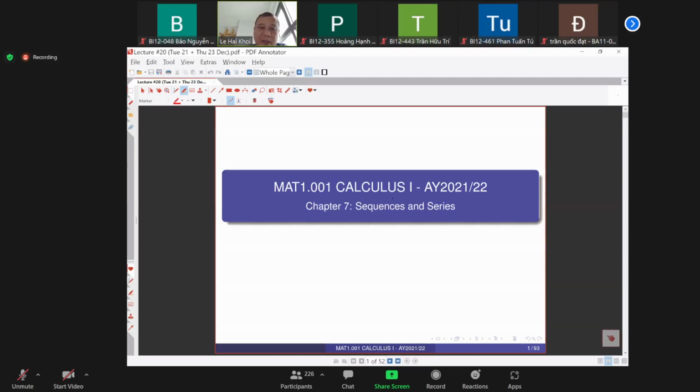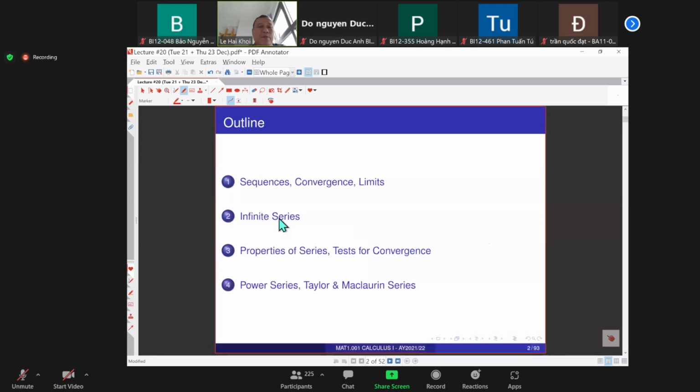Chapter 7: Sequences and series. Sequences tức là dãy số, còn series là chuỗi số. Those are the Vietnamese words, you know, right? So first, we have 4 sections in this chapter.